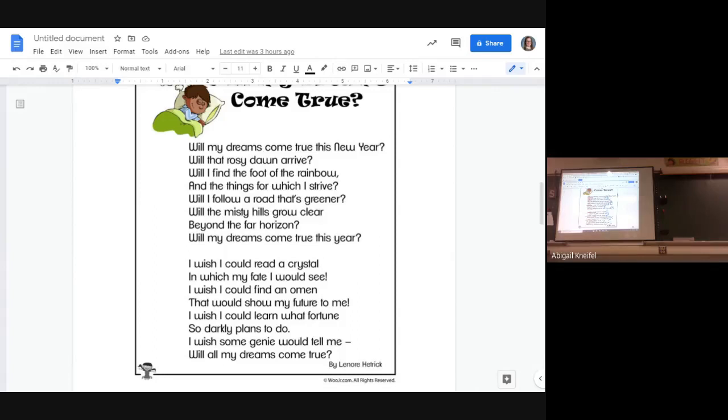Miss Olivia? For the bottom one, would will be one of the repetitions? Yeah, and that's what I was just going to say. And then look, we have a repetition that came from up here down to here. It ends kind of how it begins. It starts with will and it ends with will. Yay.